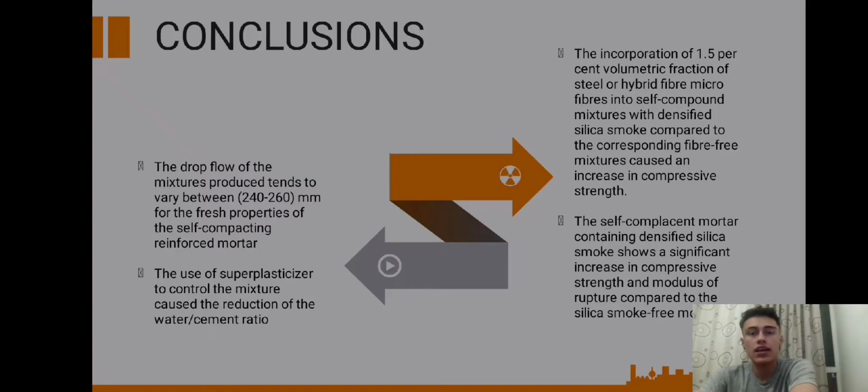In addition to that, the ratio of water and cement of 0.28, superplasticizer, and 1.5% volume fraction of steel or hybrid microfibers. The drop flow of the mixtures produced tends to vary between 240 and 260 millimeters for the fresh properties of the self-compacted reinforced mortar.